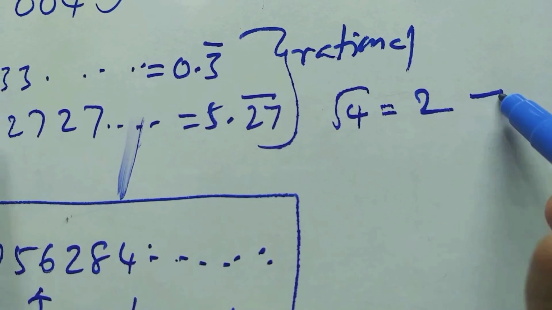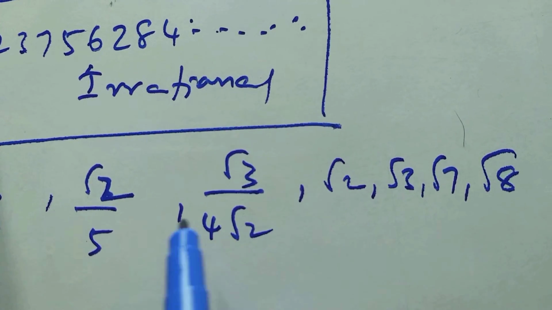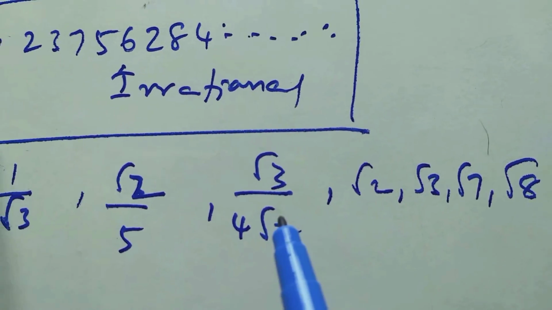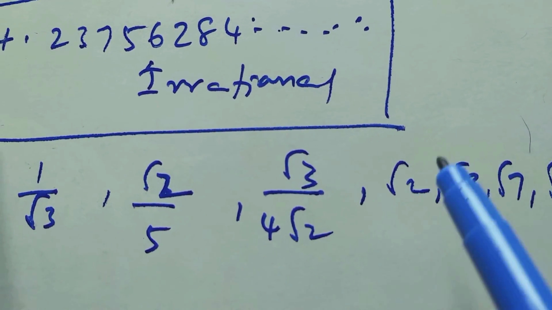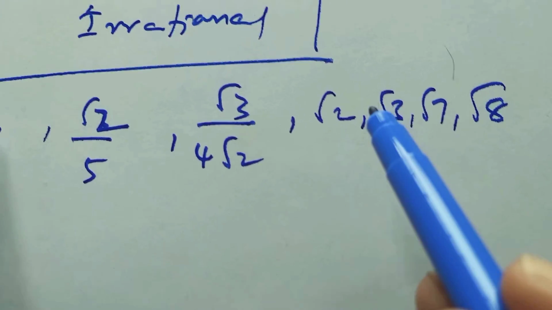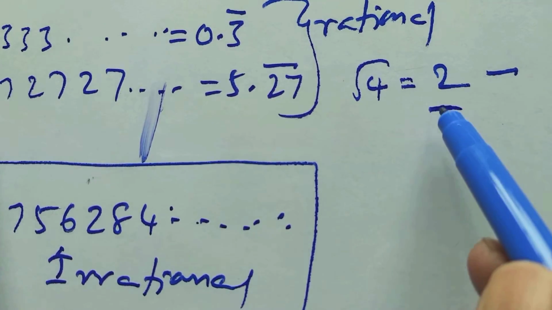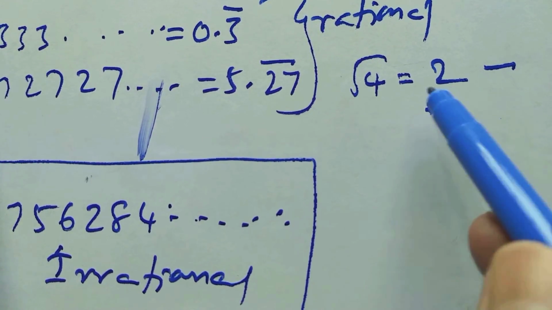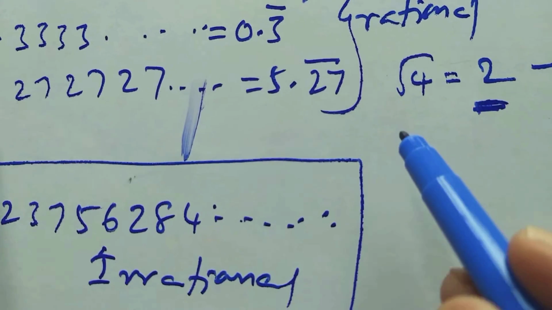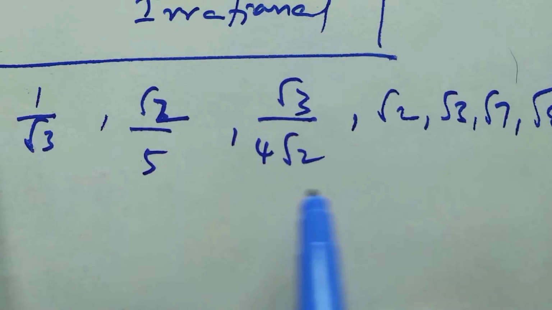Don't think all the root numbers are irrational. If when you simplify you cannot get an integer value, those are irrational numbers. If you can simplify and get an integer as the answer, those are rational numbers. Root 16 is a rational number.